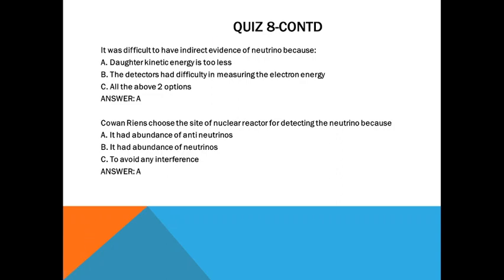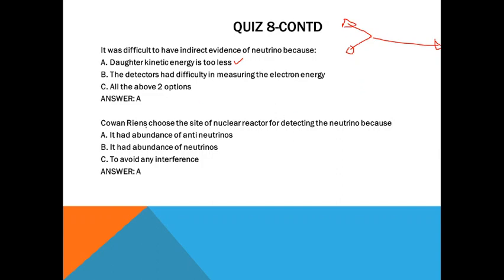It was difficult to have indirect evidence of the neutrino because the daughter's kinetic energy is too small. You don't see the daughter moving at all, so you don't know whether it's a two body or a three body problem. If the daughter moved in one direction and the electron in some other direction, you would realize there has to be some particle which satisfies the momentum triangle.